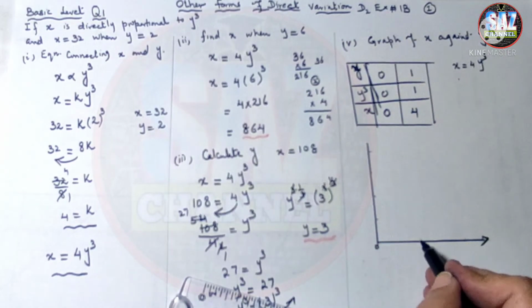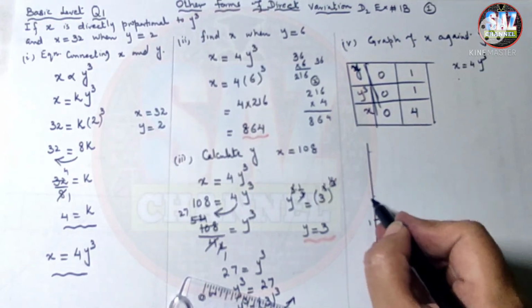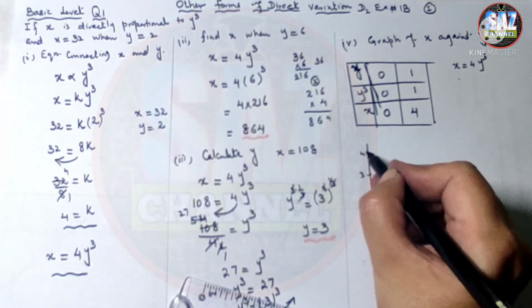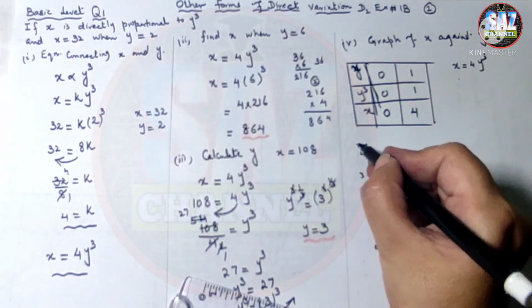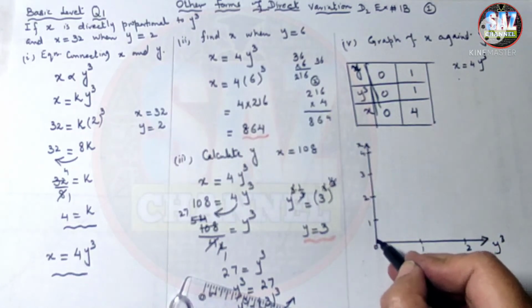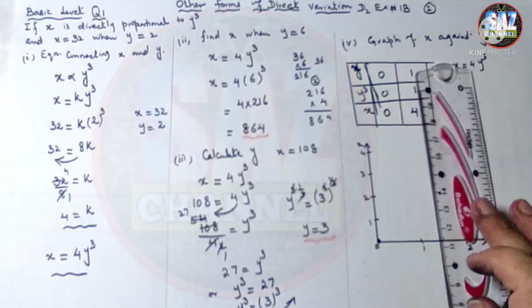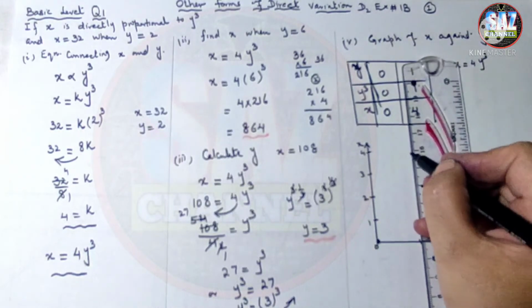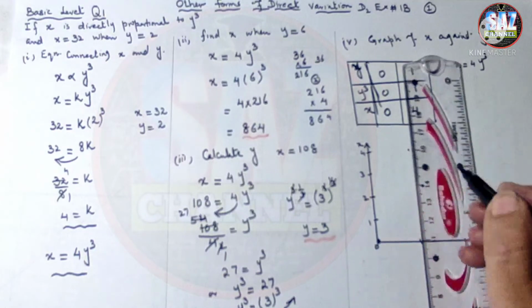This is 0, this is 1, this is 2, and this is 1, 2, 3 and 4. See, the x-axis is actually y cube and the y-axis is x. When y cube is 0, x is 0. When y cube is 1, x value is 4, so 1 with 4.